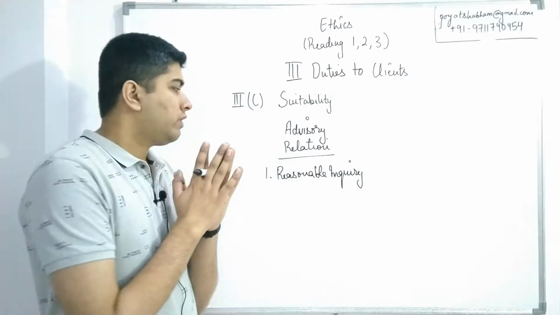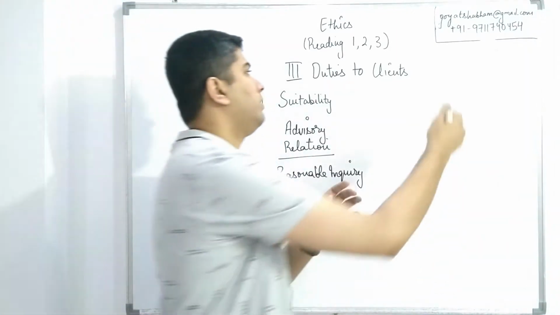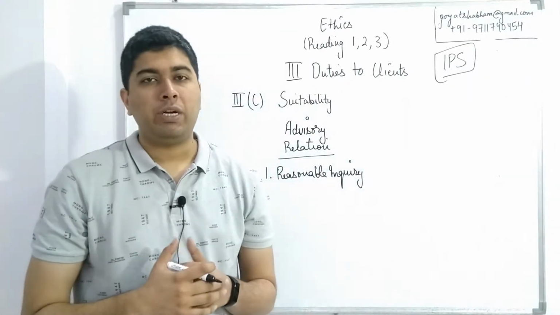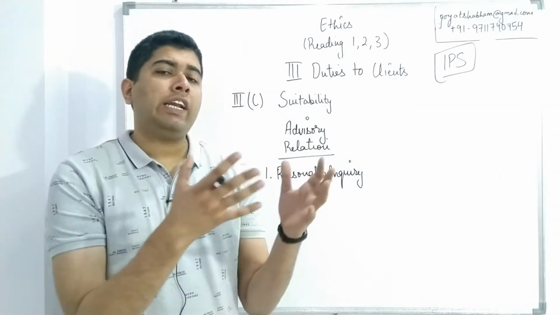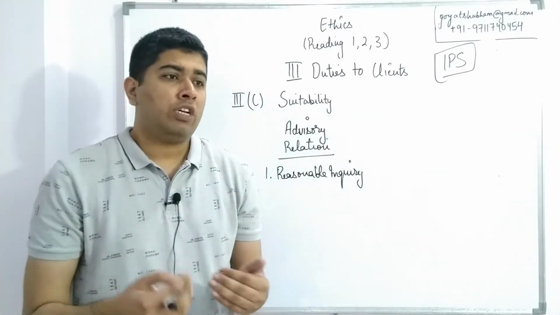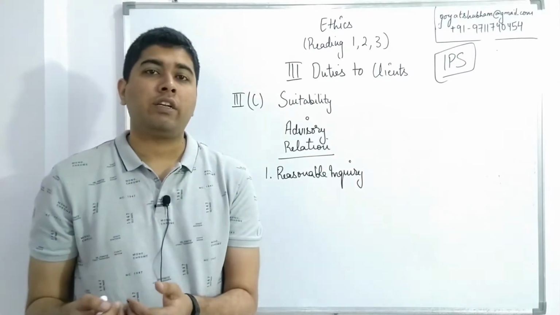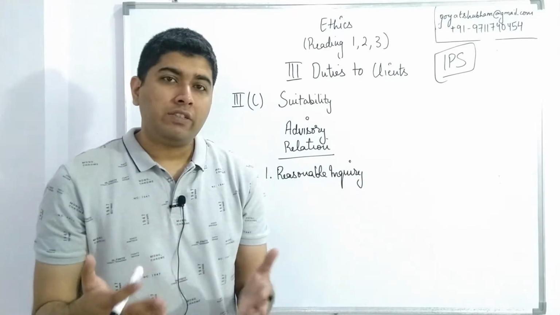Now, before we discuss the details, let's quickly look over something known as IPS. IPS stands for Investment Policy Statement. It is basically a document in which I create an entire investment profile of my client. I would look at what his return expectations are, what his risk capabilities are, and whether there are any constraints.